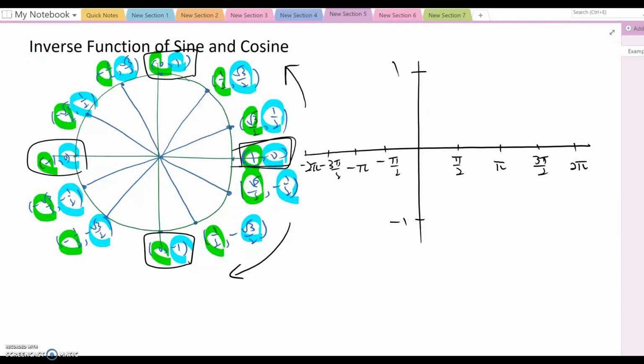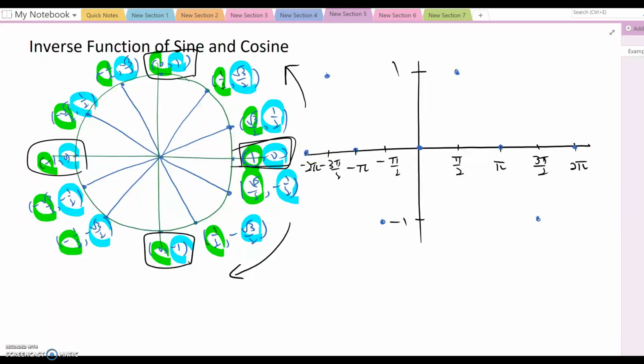So it begins with 0, as you see here, and then 1, and 0, and negative 1, 0, and the negative side also becomes negative 1, 0, 1, 0.